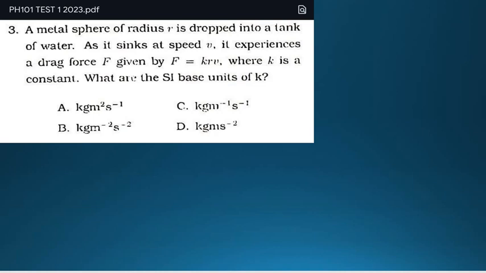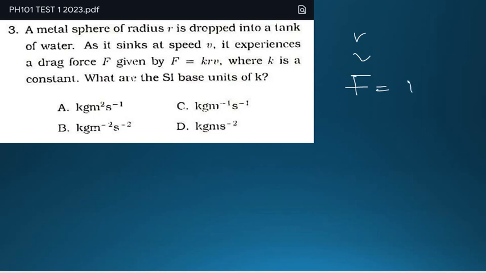Here is the question we have been given. A metal sphere of radius r is dropped into a tank of water and sinks at speed v. I have also been given the force. I'm too fast.